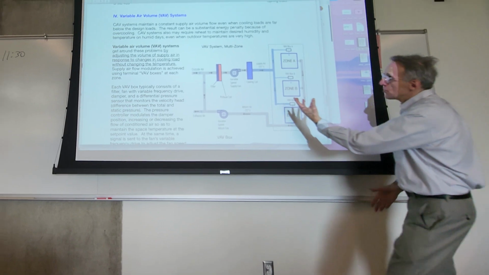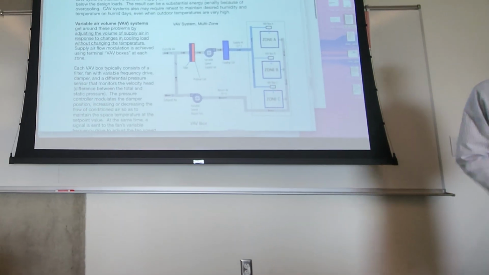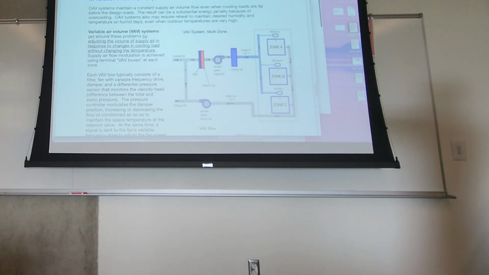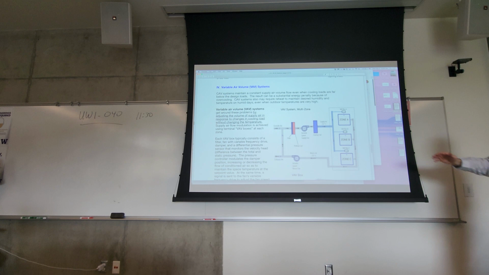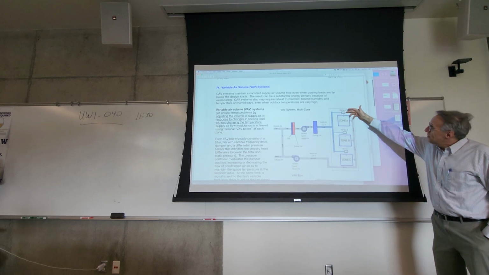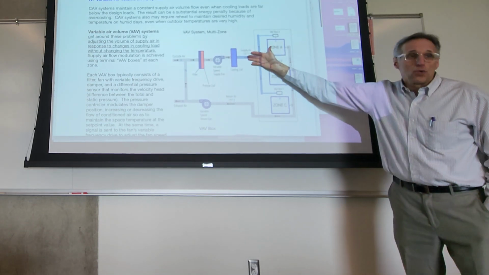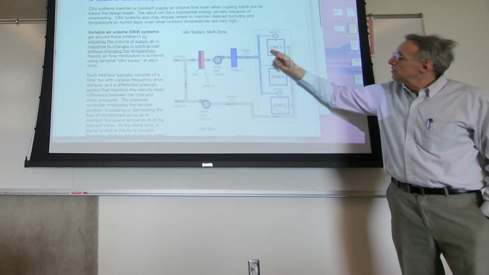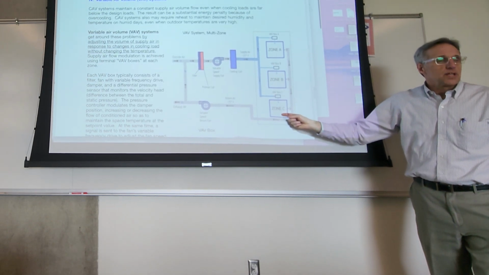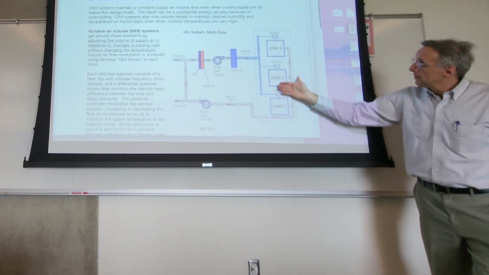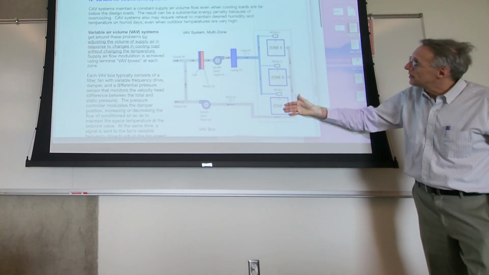So you have a central system that's delivering 55-degree air typically. So here's your 55-degree air. Everybody gets 55-degree air. And then every space has a little box over top of the space that will change the volume flow rate based on the thermostat setting in the space. So it gives you local control with each zone having its own thermostat.